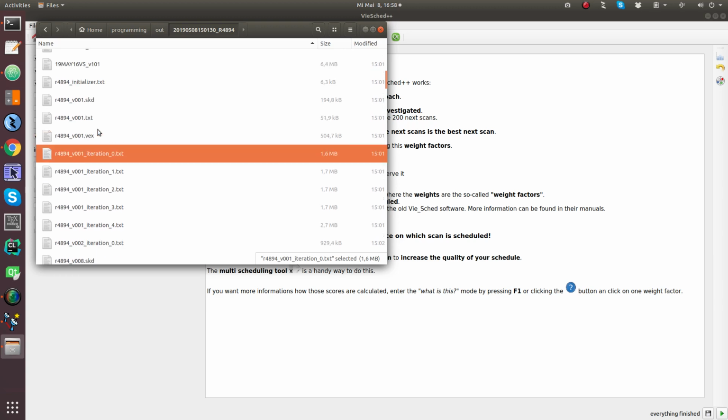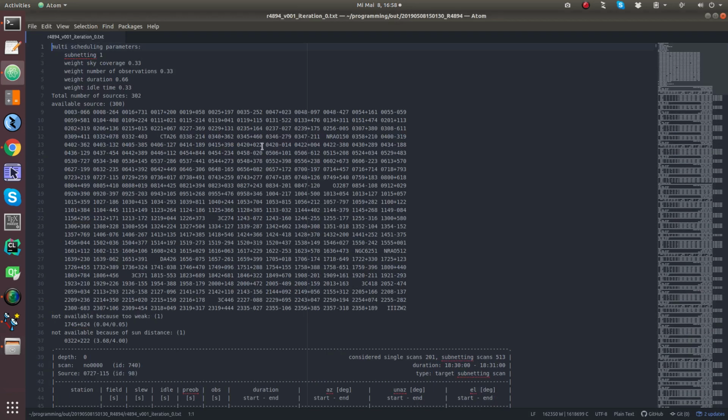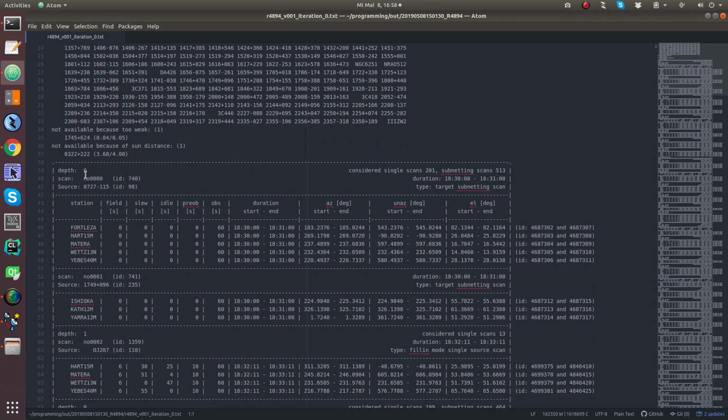For example, if I open the first log file, you see how it's working, because here it starts at the session start time, and then it was creating all possibilities, and in this case it has considered 201 scans to one single source, and also 513 combinations of 2 sources scheduled simultaneously in the form of subnetting scans.